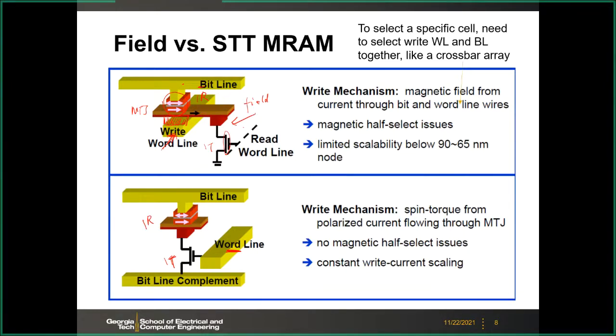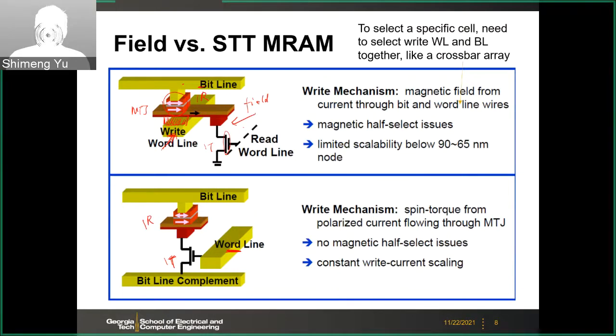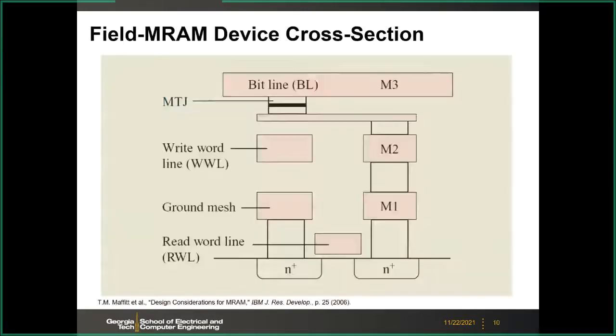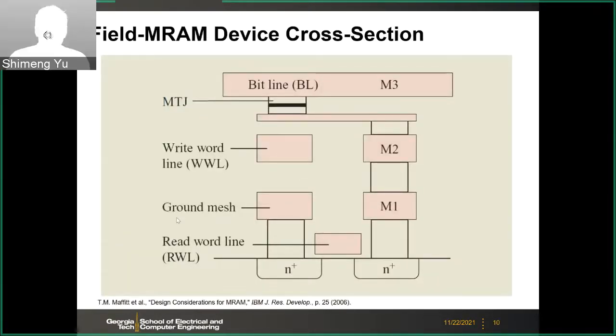So let's look at the first generation, the field switching MRAM. This was the first generation developed in the early 2000s, the field MRAM. This is a cross-sectional view of the field MRAM device. You have the transistor underneath, 1T. And then go through the metal wire, like the contact wire.